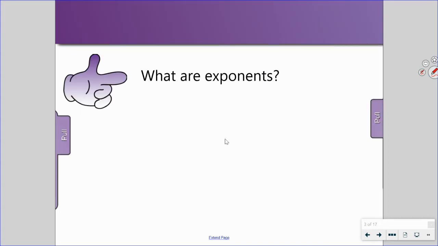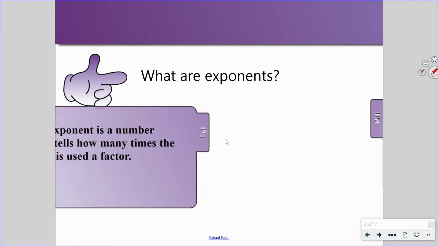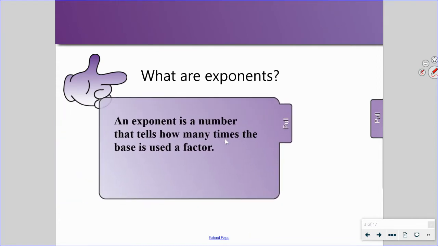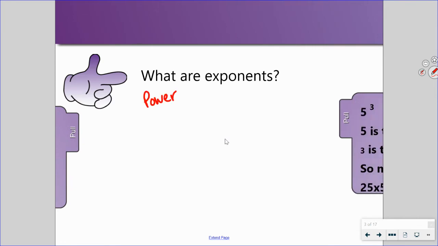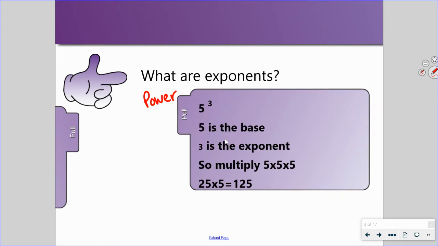All right, so what are exponents? Well, quite simply, an exponent is a number that tells how many times the base is used as a factor. Sorry if that's not the best way of putting it. Really, I'd like you to focus on the word power, because a power means repeated multiplication.